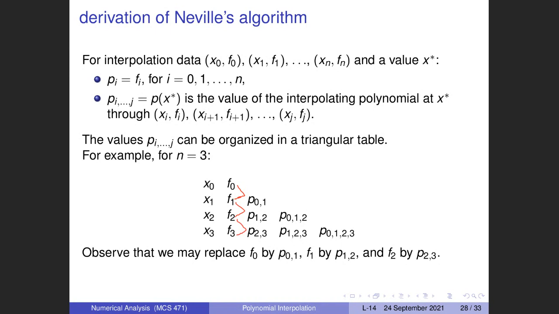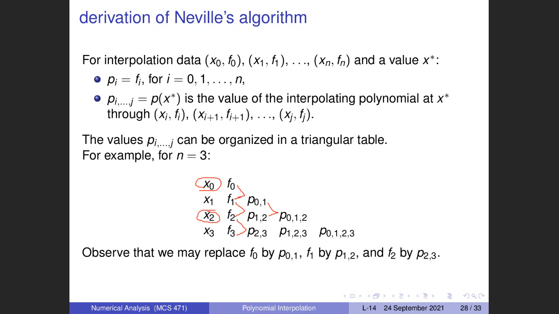So here we have the first column that is actually applying linear interpolation. Then we apply the recursion, we interpolate, now actually looking at the extreme points. So the x0 and the x2, we say that x0 has the value p0 1, and x2 has the value p1 2. You could also say that we always apply linear interpolation.